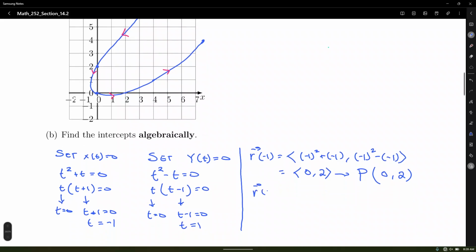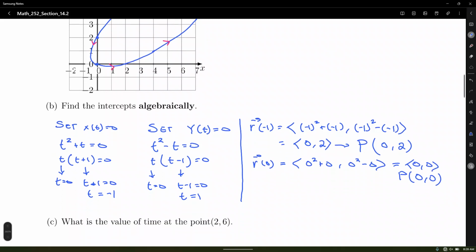r of 0 is 0 squared plus 0, 0 squared minus 0. That's simply the vector <0, 0>, which is the point (0, 0), the origin, just the same way we got it graphically. And last but not least, we will repeat the process for t equals 1.